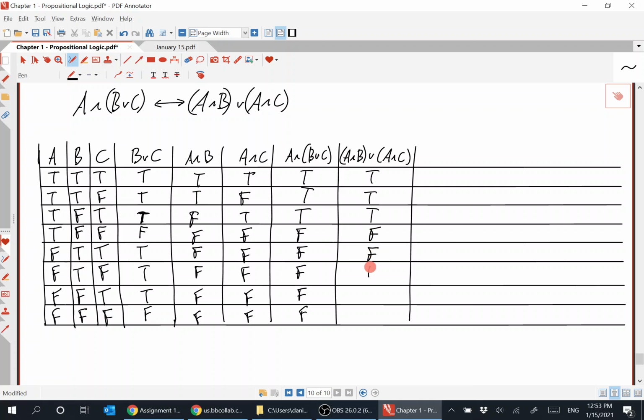So as you can see, these two columns have the same truth value in each row.